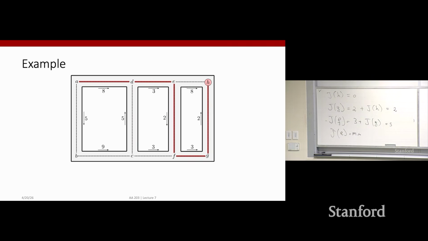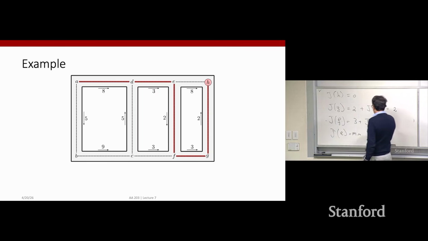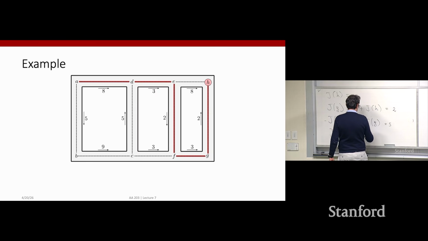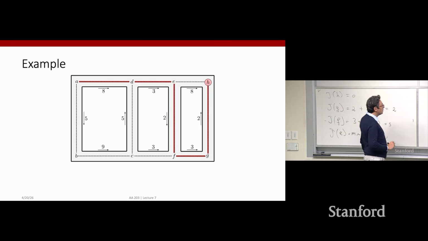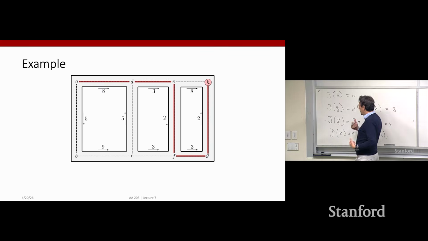I can either go right, with an immediate cost equal to 8, and then I transition directly to H. So the cost of this path would be 8 plus J of H. But then I can also go down, incurring cost 2, and transition into state F. But I don't have to recompute what is the optimal thing to do from F. I already have computed it before. So this will be 2 plus J of F.